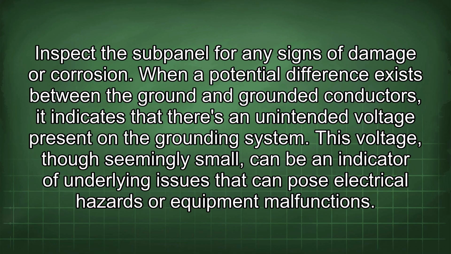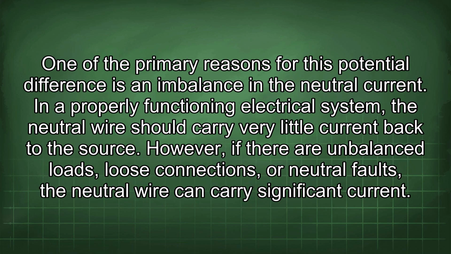When a potential difference exists between the ground and grounded conductors, it indicates that there is an unintended voltage present in the grounding system. This voltage, though seemingly small, can be an indicator of underlying issues that can pose electrical hazards or equipment malfunctions. One of the primary reasons for this potential difference is an imbalance in the neutral current.